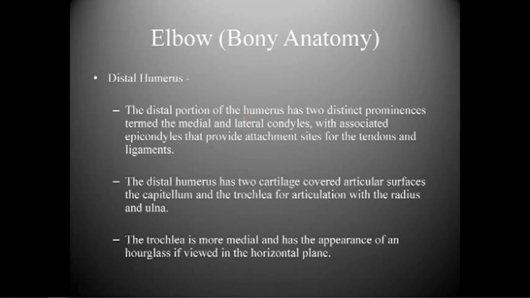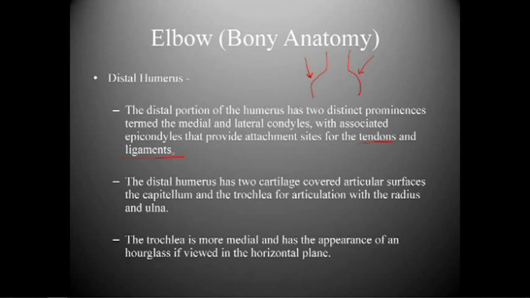So if we look at the distal humerus, we see that the distal portion of the humerus has two distinct prominences termed the medial and lateral epicondyles, which provide attachment sites for the tendons and ligaments. So if we just kind of refer to a drawing, we see that this area and this area are the epicondyles, and they're charged with providing attachment sites for tendons and ligaments.